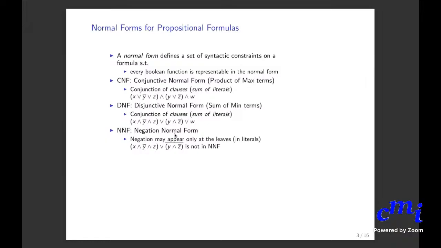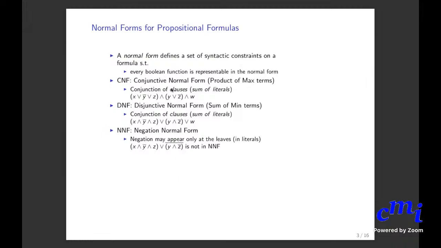One such class of normal forms is called negation normal form. A formula is in negation normal form if negation occurs only at the leaves of the formula. For example, this formula is not in negation normal form.